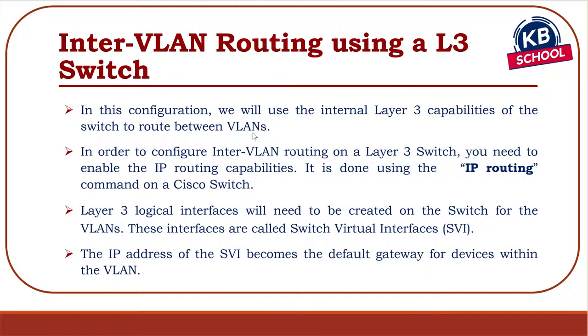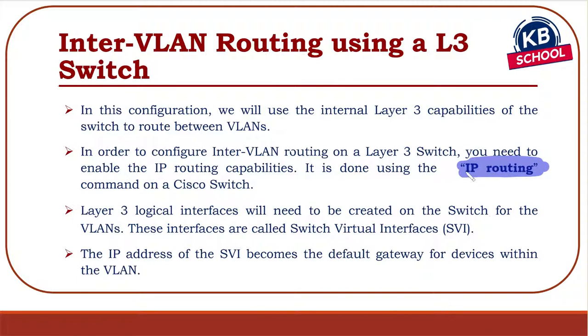In this configuration, we'll use an internal layer 3 capability of a switch to route between VLANs. So you need to see if that switch is capable of doing that. In order to configure inter-VLAN routing on a layer 3 switch, you need to enable the IP routing capabilities. On a router, this is a default characteristic; on every router, this command is on by default.